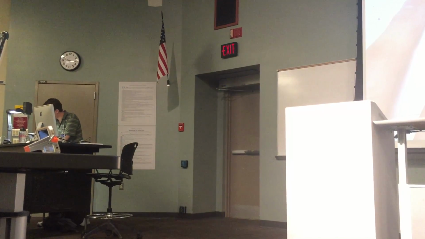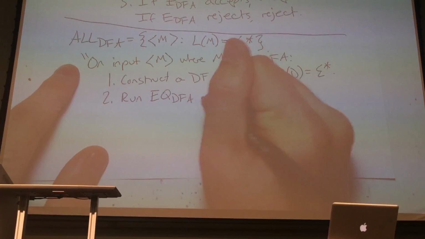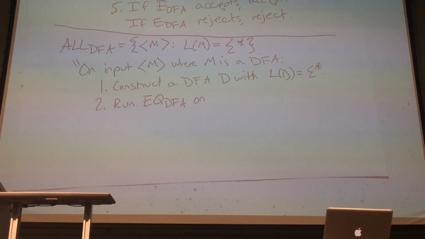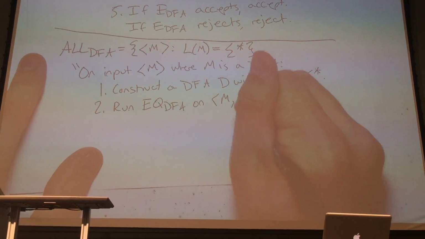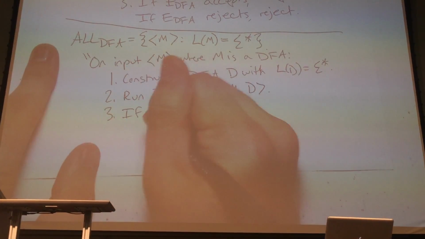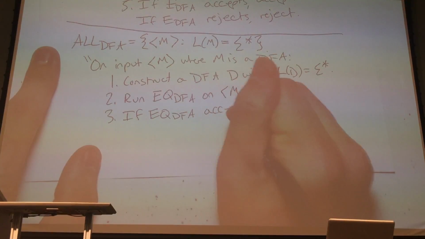So run EQ DFA on, well, I gotta give it both machines because EQ DFA takes two machines. So on M and D. If EQ DFA accepts, accept.